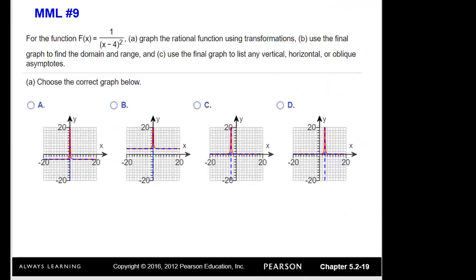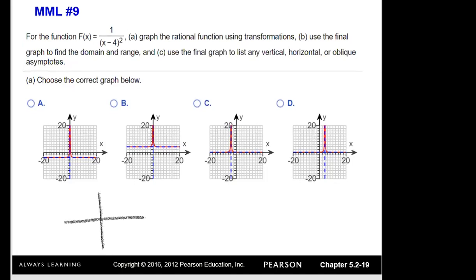All right, now number 9 is an example of the 1 over x squared graph, except it's 1 over x minus 4 squared. So keep in mind, you would actually start with 1 over x squared, which would be basically this, right?